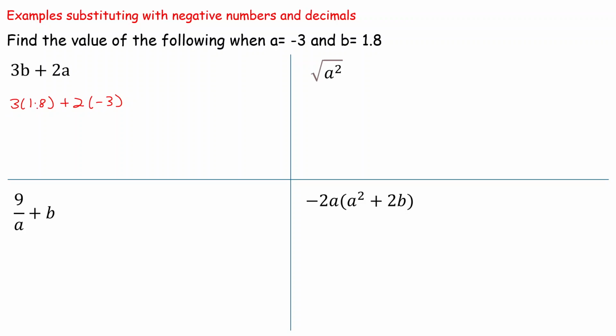So 3 times 1.8 is 5.4. Again, this means 3 times the bracket 1.8 because 3b means 3 times b. And then we've got 2 times -3, which is -6.